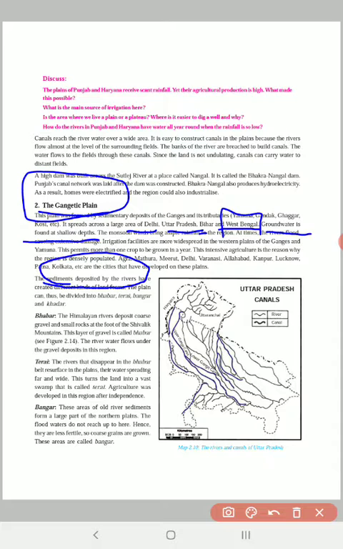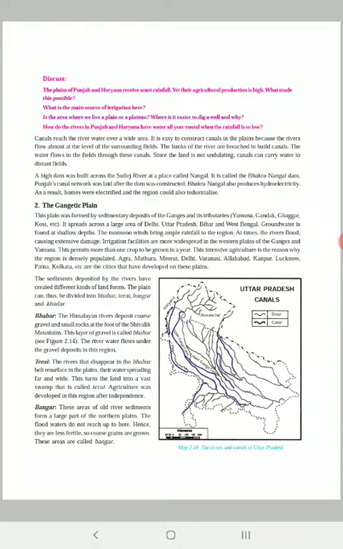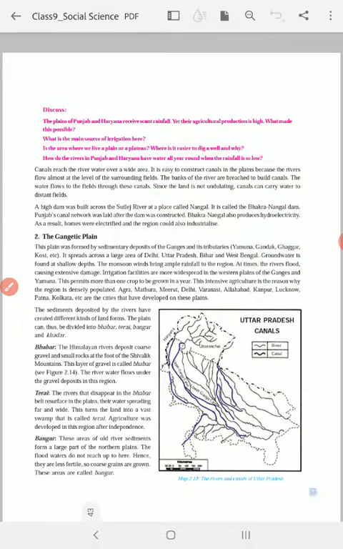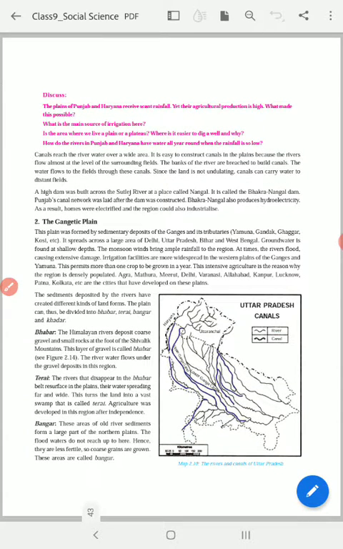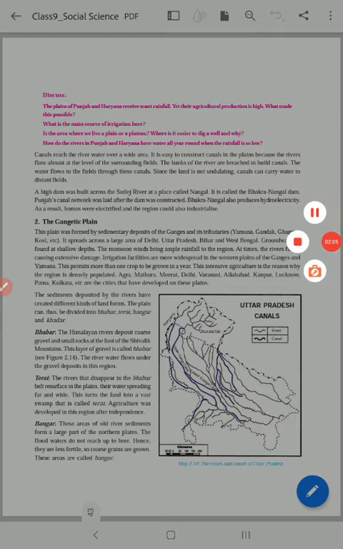We will study these four different kinds of land: Bhabar, Terai, Bangar, and Khadar. These are the different landforms that the river Ganges creates as it moves along.